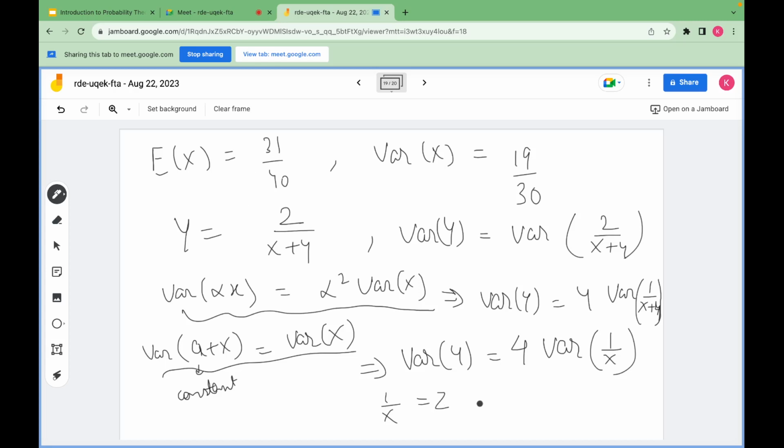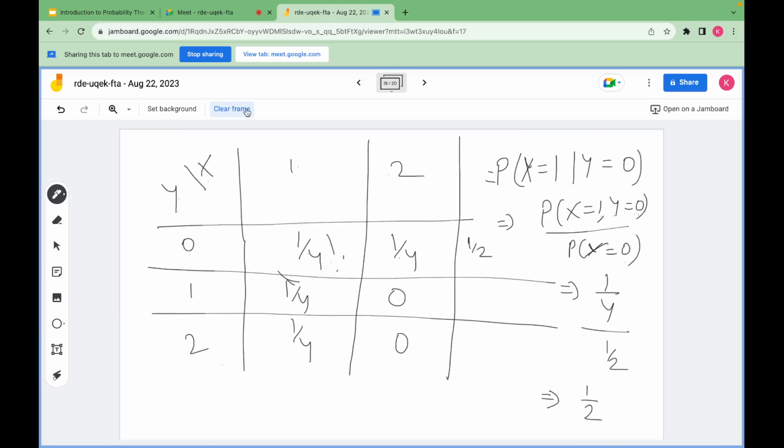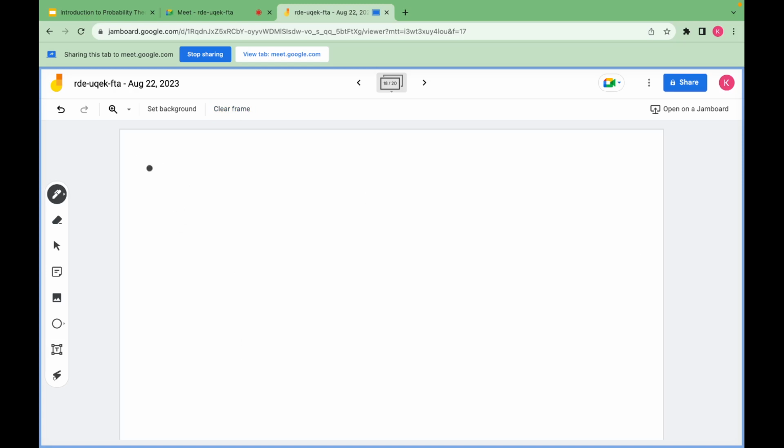So we can write x in terms of z, which is x is equal to 1 by z. So now we need to find this variance of 1 by x.